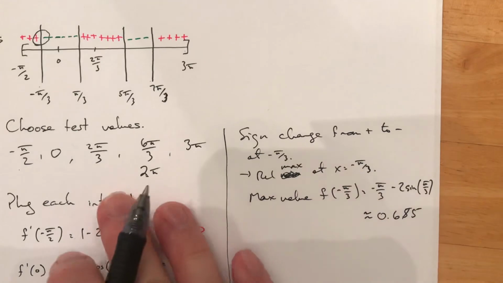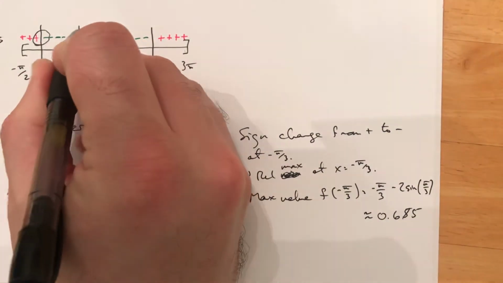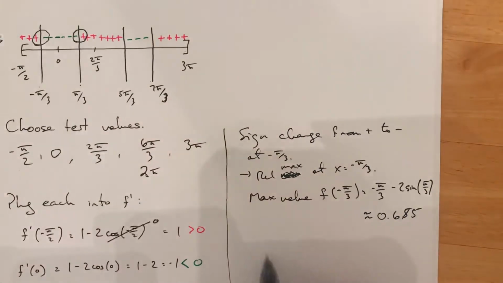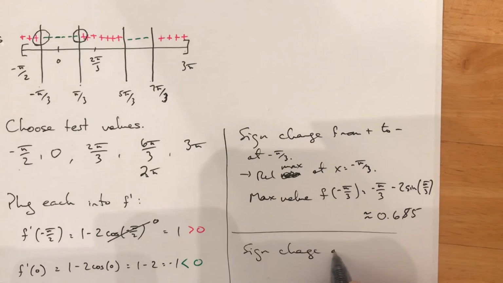We continue. We see another sign change here at x equals pi over 3. This time from negative to positive. The first derivative test tells us that we have a relative minimum at x equals pi over 3.